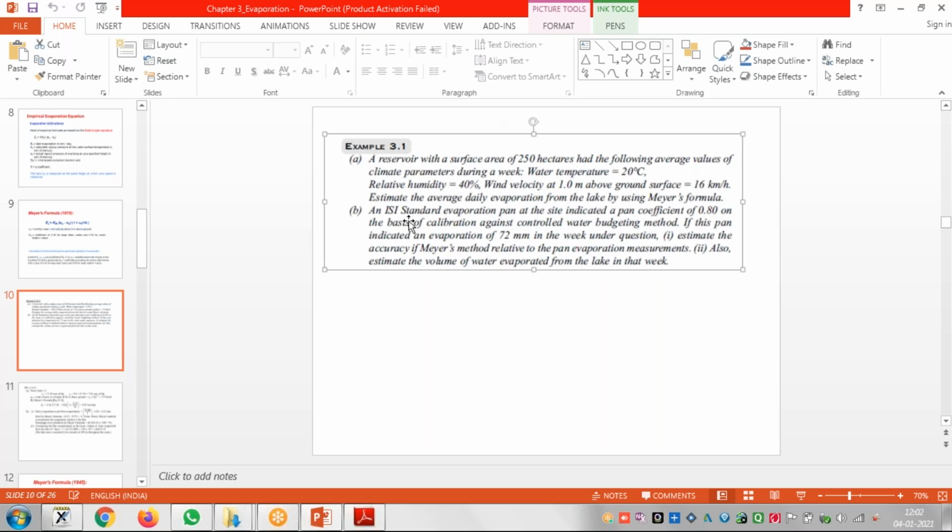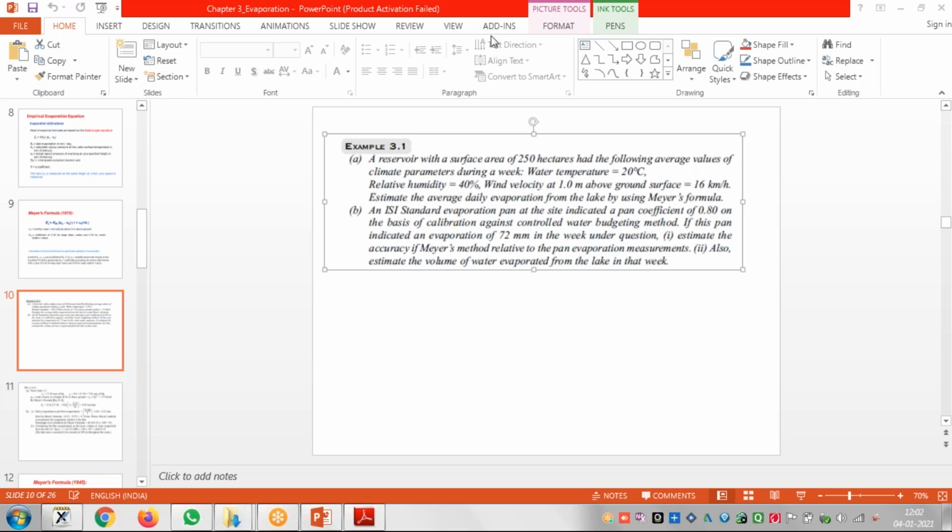Second, an ISI standard evaporation pan is given, coefficient is 0.8, and evaporation is given as 72 mm in the week under question. Now what we have to find? Estimate the accuracy of Meyer's formula and also estimate the volume of water evaporated from the lake.